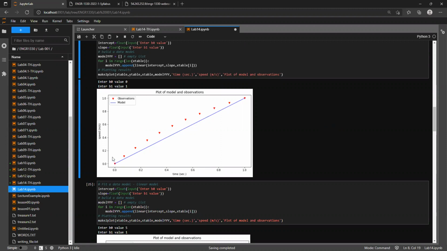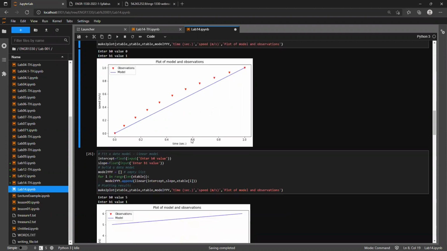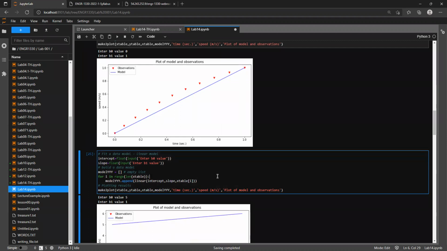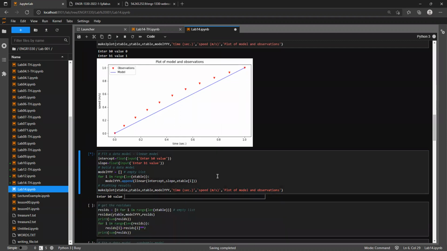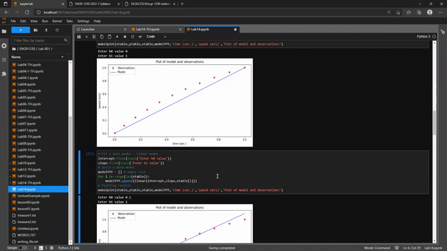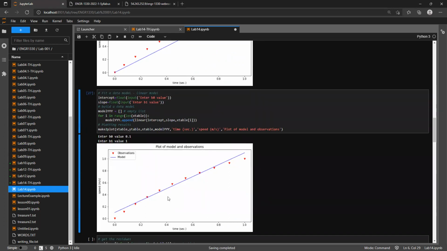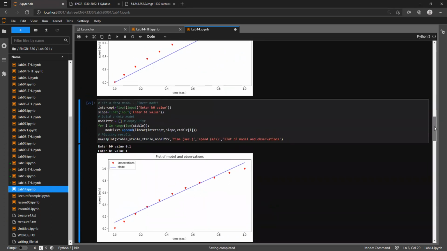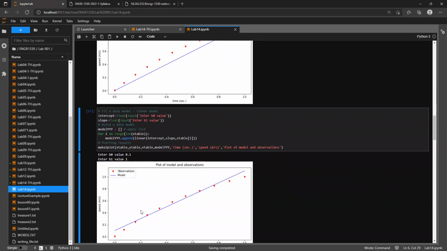If you were to get the line that actually hits the most points, you could still do better. So what you guys are starting to say is maybe we shift it up a little bit. Let's try 0.1 and 1. All right, so that shifted it up, maybe a little too much, but it looks a little closer.